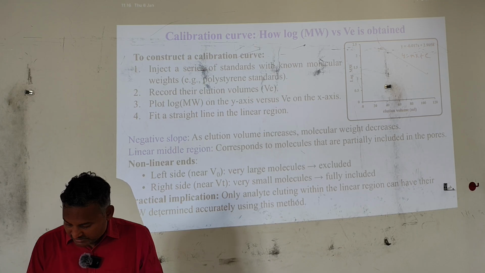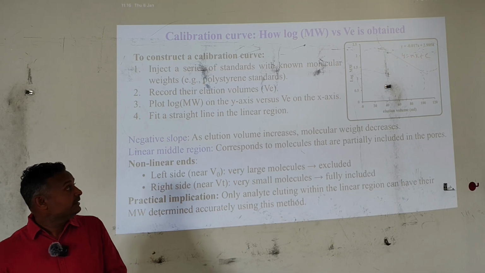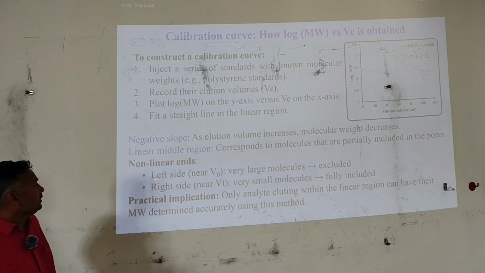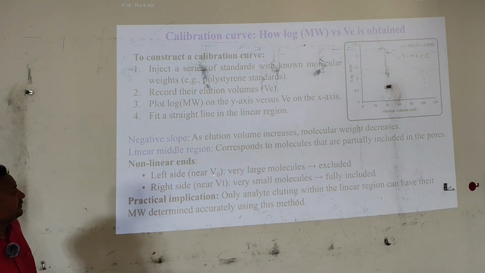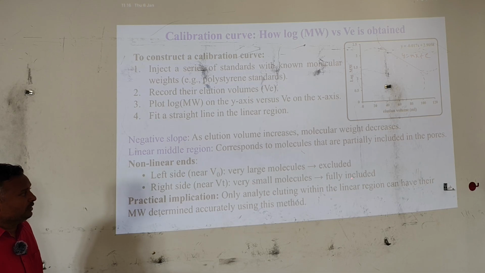On the left side, near V0, very large molecules are excluded, which leads to non-linearity. On the right side, near VT, very small molecules are fully included.